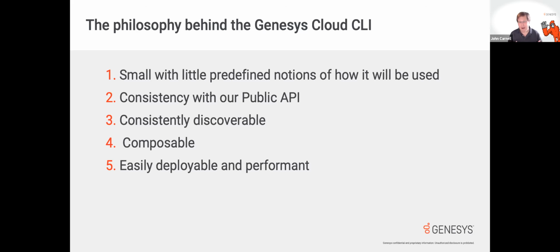And the fourth part of our philosophy was really about making it composable. Now, I'm a Unix admin by my background and training from early on in my career. And we have a philosophy of small, sharp tools that can be combined together to do different things. So for instance, we're going to show later on in our demonstration, we don't try to build filtering on our JSON objects.